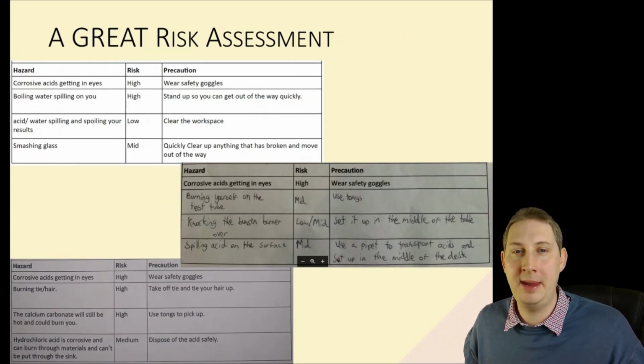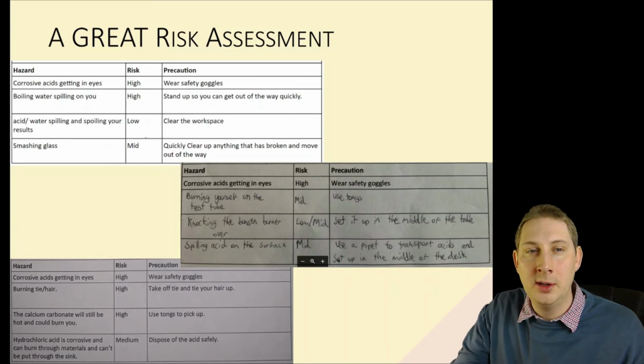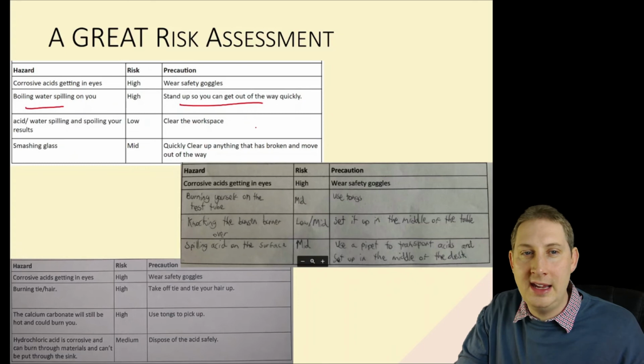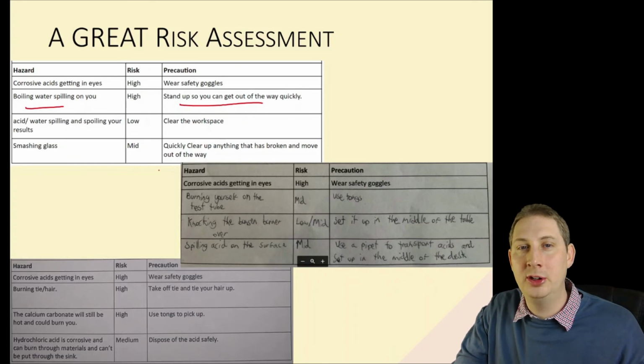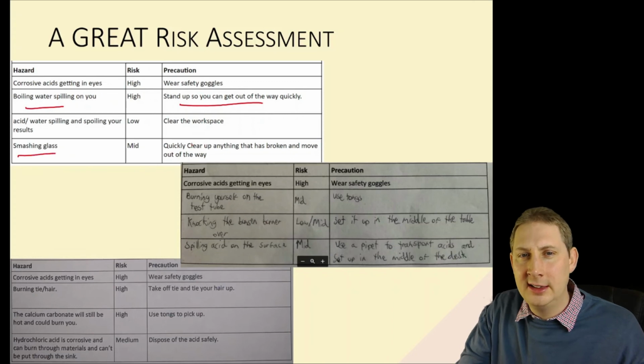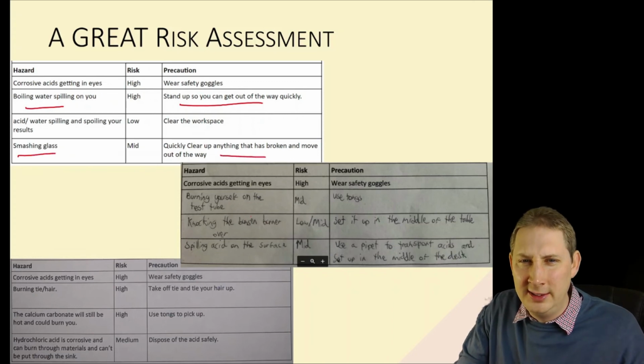But there were people who came up with three good hazards and precautions. Boiling water spilling on you, stand up so you can get out the way quickly. And these are people who said that they were going to heat the acid. Smashing glass, clear up anything that's broken.